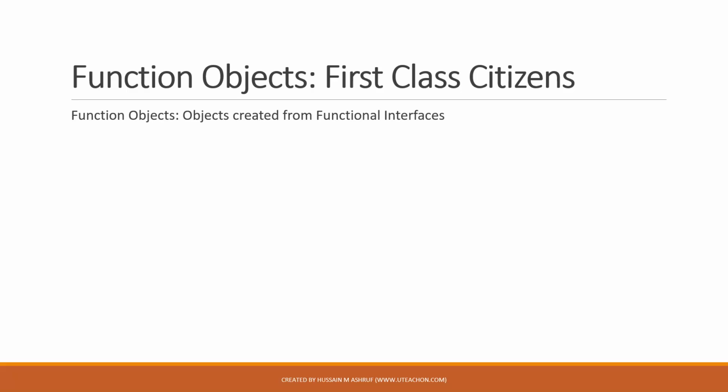On that function object, we have to call a method that is inside that functional interface. Before that is even called, we impart the expected behavior to it. Then, when the function object's method is called, that behavior is executed.